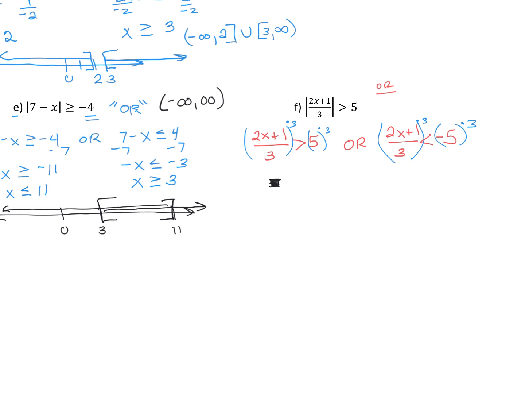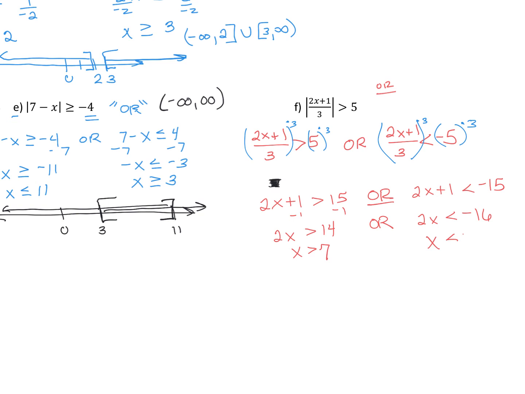Okay, so now I have 2x plus 1 is greater than 15, or 2x plus 1 is less than -15. Solving this, 2x is greater than 14, so x is greater than 7, or 2x is less than -16, so x is less than -8.